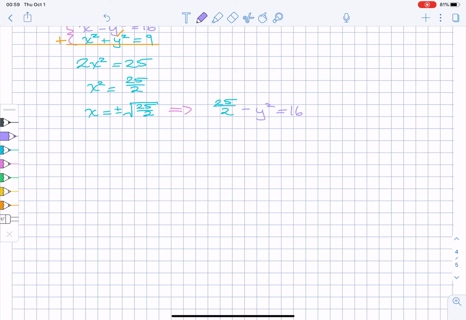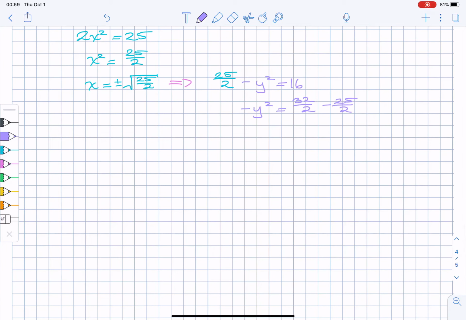So negative y squared will be 16, which is 32 over 2, minus 25 over 2. So y squared is going to be negative 7 over 2. But that is a complex number, so this implies no solution. All of that for quite literally nothing.